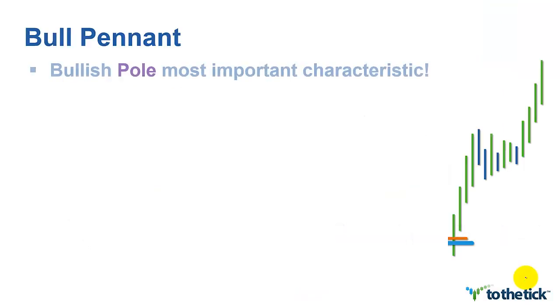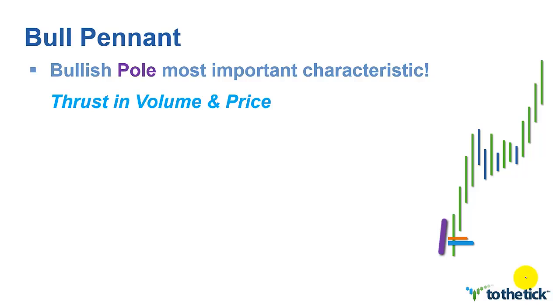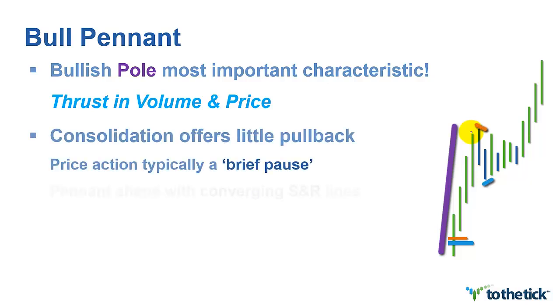In summation, the very most important part is the pole, the characteristics of the pole coming from that bullish base, breaking through a big line of resistance. And again, the more energy, meaning the straighter and higher the prices go, the better. Keep that volume really surging. Then the pause is the pennant.